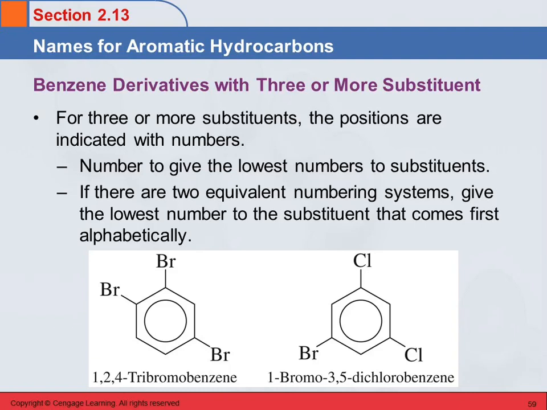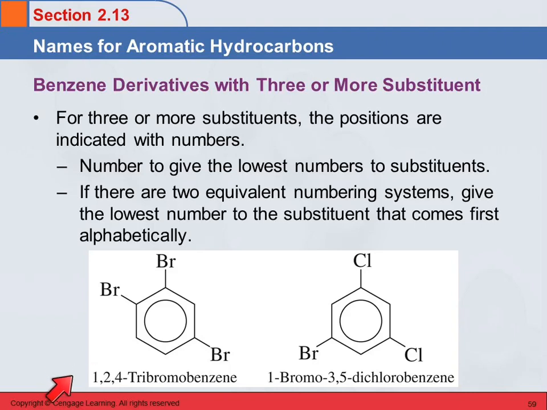So let's look at these examples here. So this guy, we're going to start numbering on one of the carbons that has a bromine. If we started over here and made this 1, 2, 3, 4, we'd end up with 1,3,4-tribromobenzene.